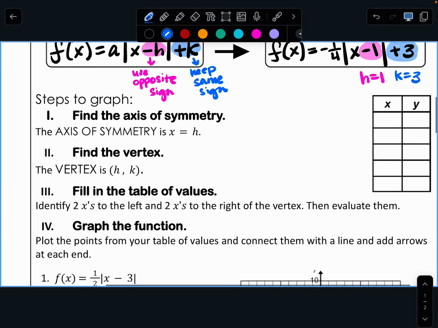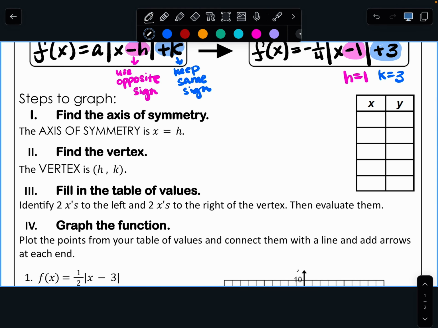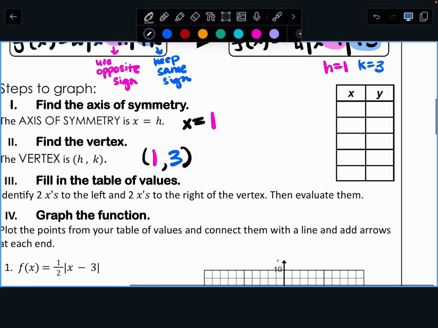The axis of symmetry for this function would be x minus h, so x equals h. So x equals 1 is our axis of symmetry. The vertex is 1, 3. And we would put that into our table in the middle row.